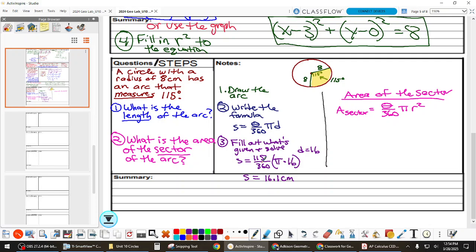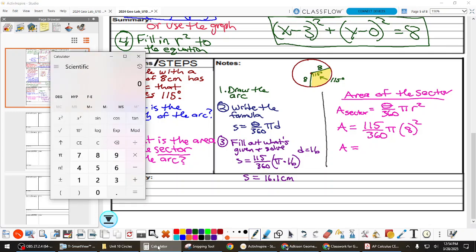Okay, fill out what we know. And that is 115 out of 360 times pi, and then our radius was 8 squared. And then that all goes in your calculator. And we get 64.2 if we round.